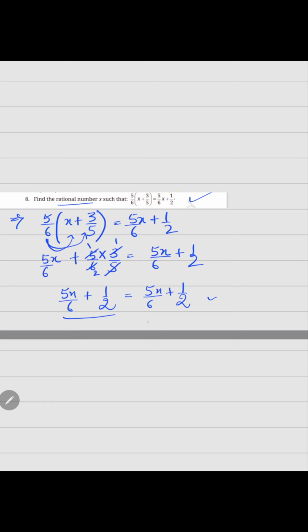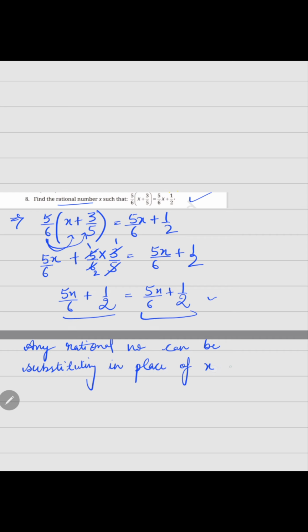So whenever this case occurs, in case LHS side equals RHS side, any rational number can be substituted in place of x so that the given equation becomes satisfied.